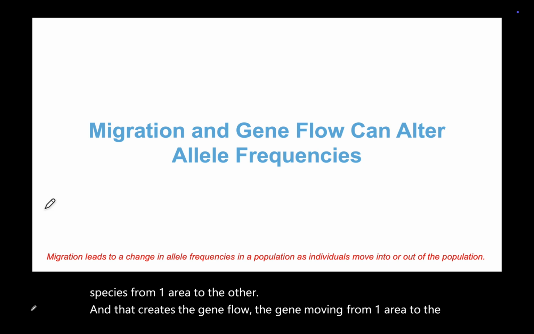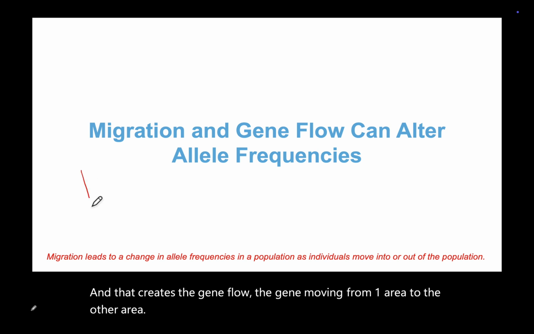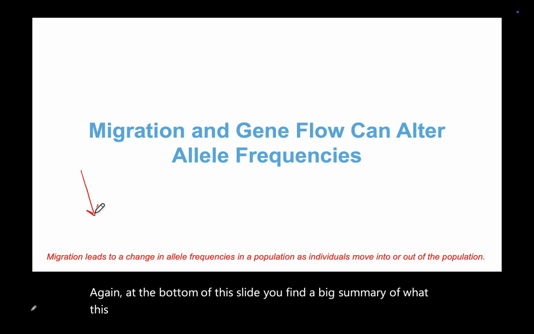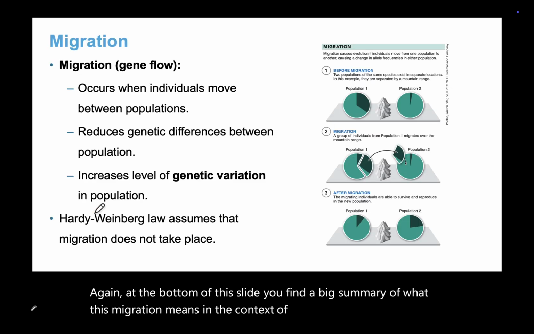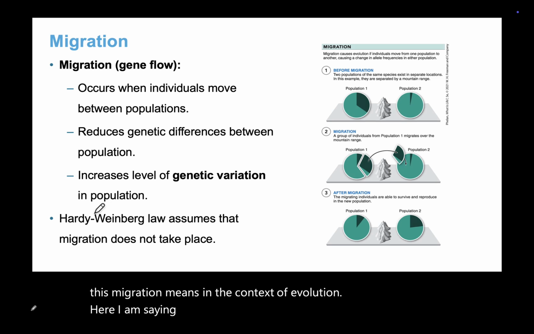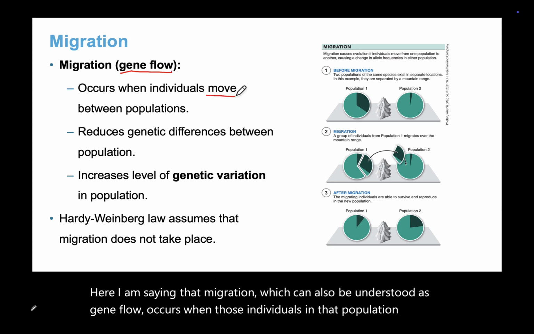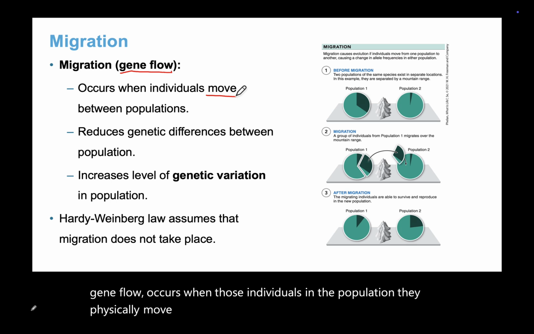Again, at the bottom of this slide, you find a big summary of what migration means in the context of evolution. Here, I am saying that migration, which can also be understood as gene flow, occurs when individuals physically move between two populations.